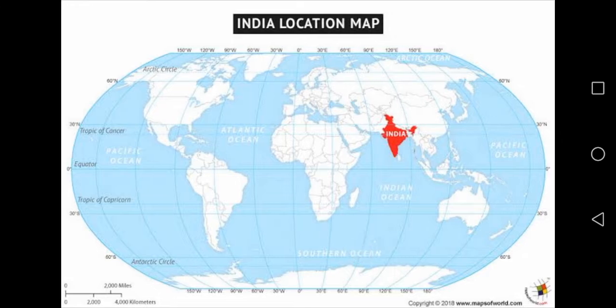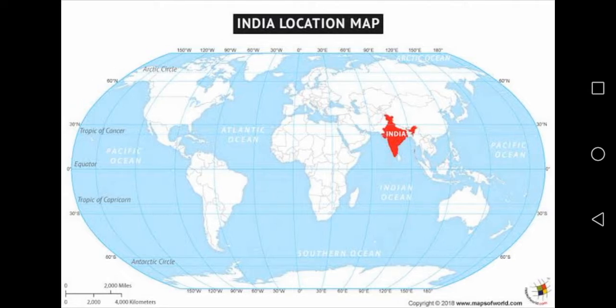And further, important latitudes are also shown, like the Tropic of Cancer in the northern hemisphere, the Tropic of Capricorn towards the south, the Arctic Circle towards the north, and the Antarctic Circle towards the south. They all are important latitudes which are shown here.